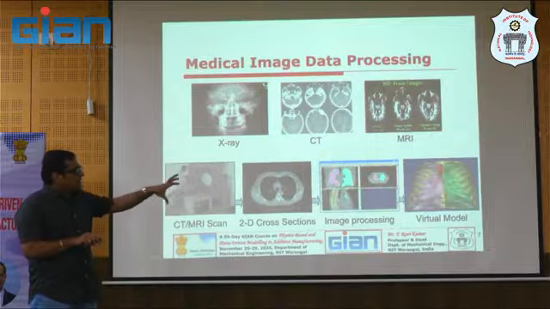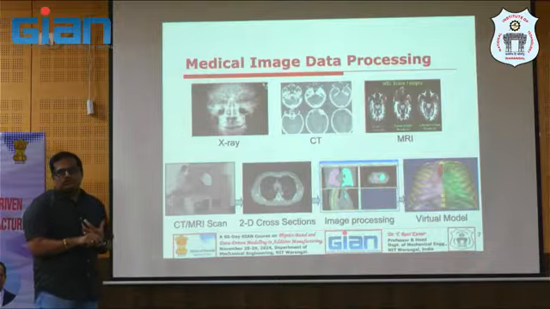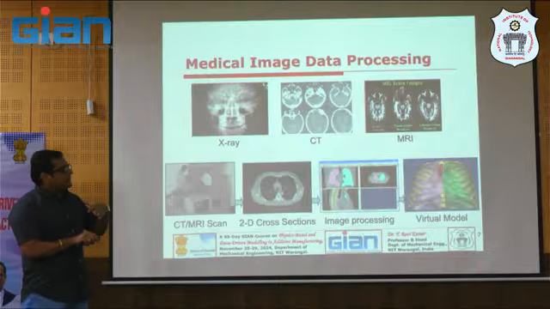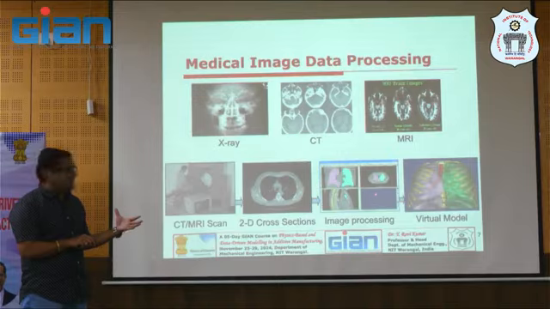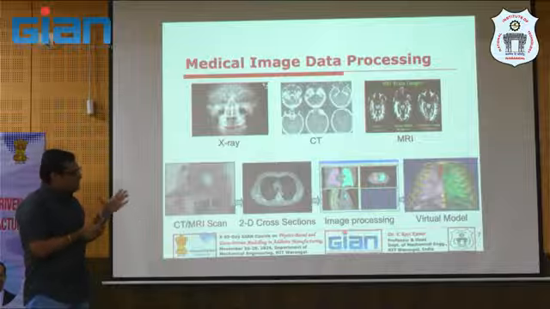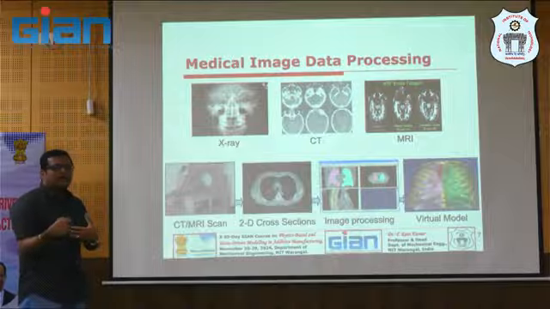So you are going to segregate the lungs, that is soft tissue, with respect to other surrounding tissues, right? Then you can adopt any medical image processing tool for that. So then you reconstruct which organ of interest. In this case, the organ of interest is the lungs. So then you can segregate and save it as an STL file and give it to the 3D printer and get the model.